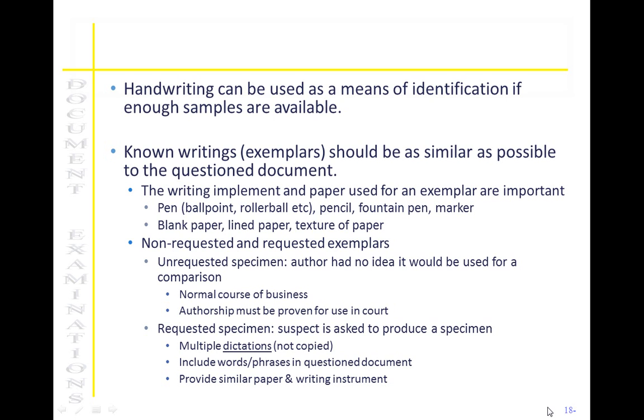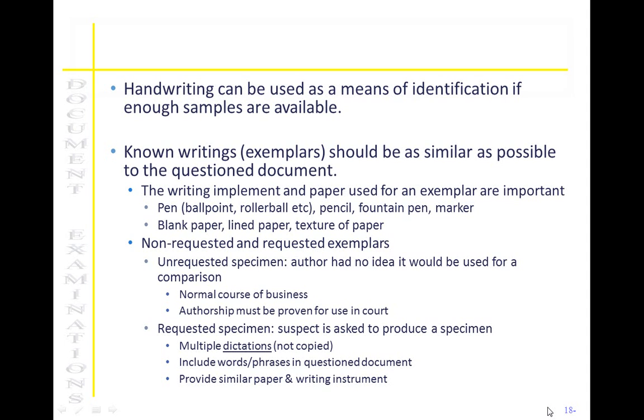You always want to try to obtain non-requested exemplars and also requested exemplars. The non-requested exemplars are just going to be handwriting that would be done in the normal course of business.